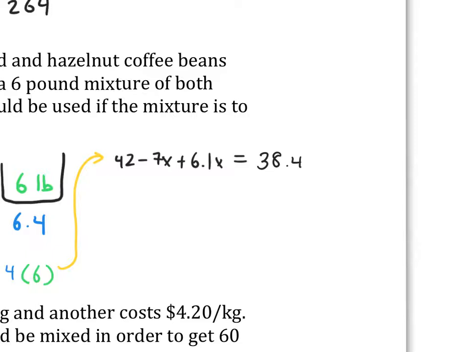After we distribute and multiply out, this is what we get. I can combine like terms here. So 42 minus 0.9x equals 38.4. Negative 0.9x equals negative 3.6. And when I divide here, I get 4 pounds.